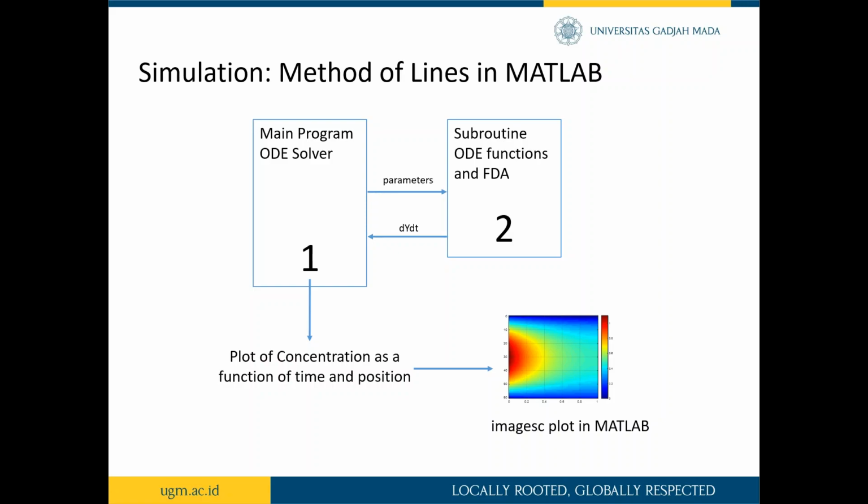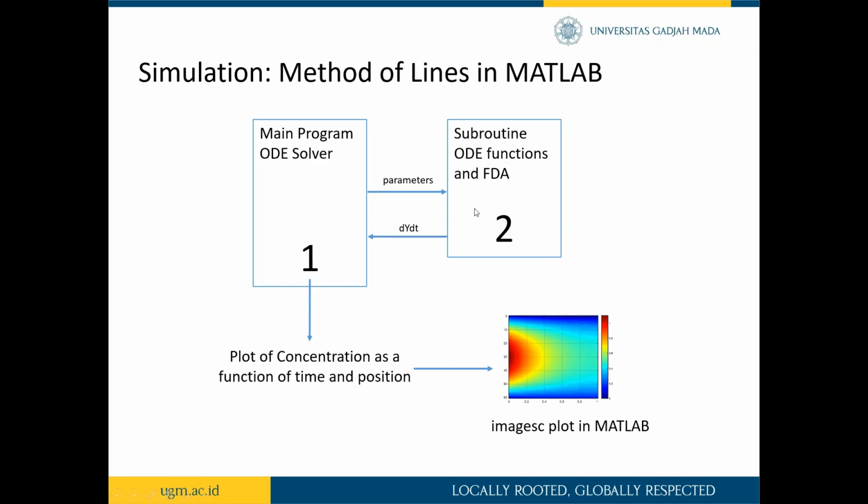Before I move to MATLAB, what I'm going to do is write the first M file, which is program number 2, that really reflects the ODE functions. That's how I usually work.